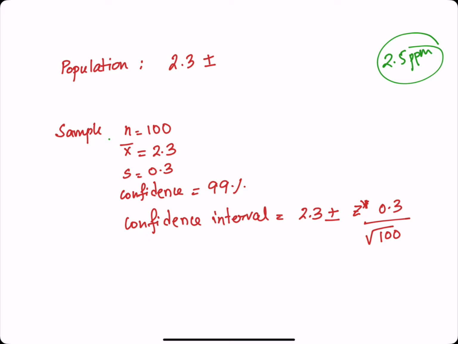From the population you choose a sample of size 100, and you find that the mean is 2.3 and the standard deviation is 0.3. Since it's a food company, you want to be absolutely sure, so you take the confidence level as 99%. So what should be the confidence interval? According to our formula, it should be x bar plus minus z score times standard deviation by root over the sample size.